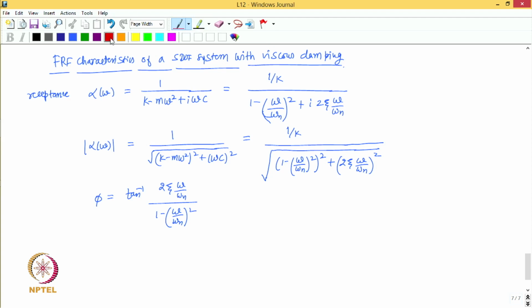For a single degree of freedom system with viscous damping, we have this magnitude and phase. Graphically, if I plot the magnitude in dB on the y axis and frequency on the x axis, this plot would look something like this.